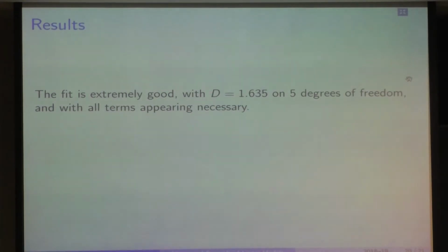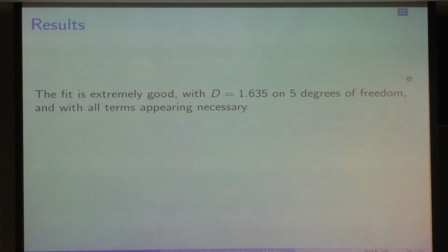So this works remarkably well. We have 5 degrees of freedom. So there were 10 observations. We fitted 5 parameters here. There were beta 0 to beta 4 in the form of the model. So we have 5 degrees of freedom. And our deviance is really tiny.